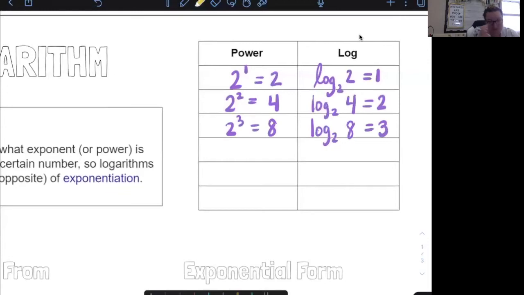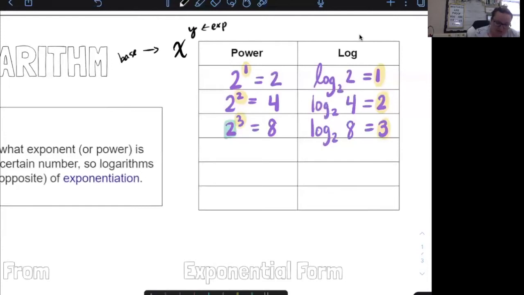So notice this exponent is what the log is equal to. This exponent of 2 is what the log is equal to. This exponent of 3 is what this log is equal to. So the log base 2 of 8 is equal to 3. Remember in a power, if you have x to the y, x is your base.